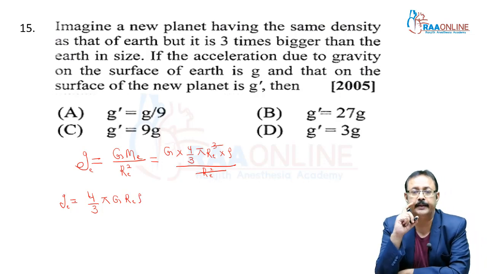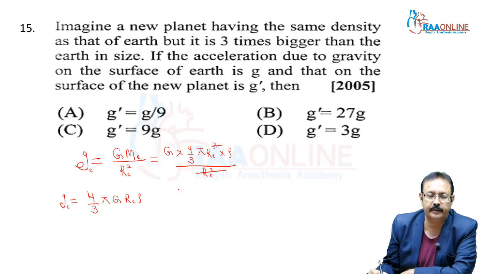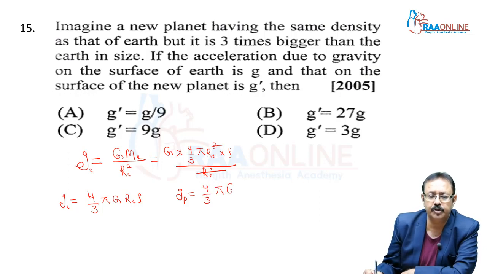Now what they are saying: new planet having the same density as that of Earth. So using the same result for that planet, I am getting 4 upon 3 pi g for planet Rp into rho e; for planet we have to use rho p.